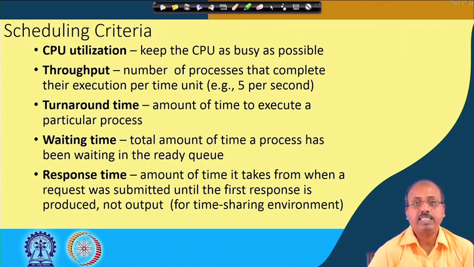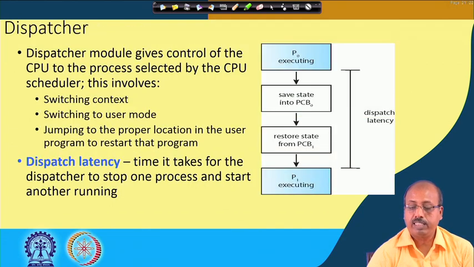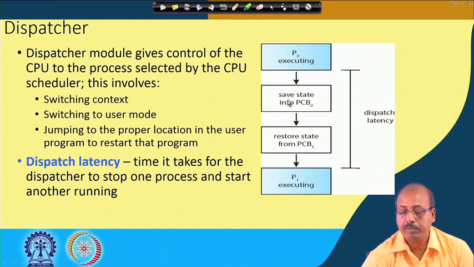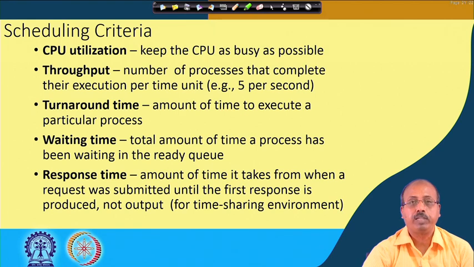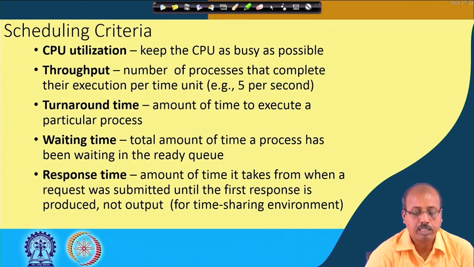Ideally, as I said, we want the CPU to be utilized 100%, but because in between you have to save and restore these PCBs, these times cannot be reduced. So, some amount of time will always be spent. You cannot have this utilization 100%, but if it is not 100%, we would like it to be as close as possible to 100%.